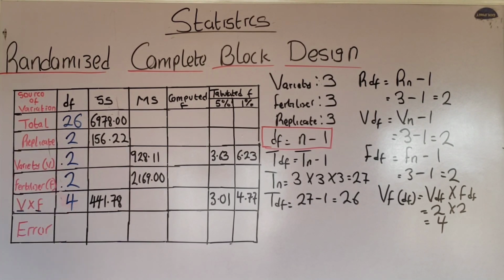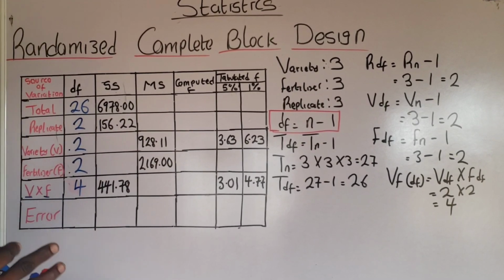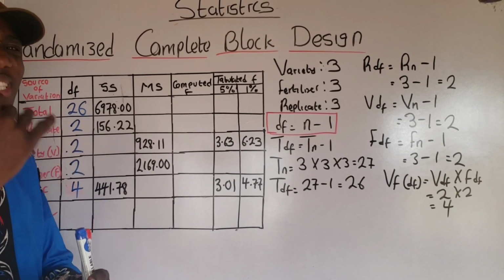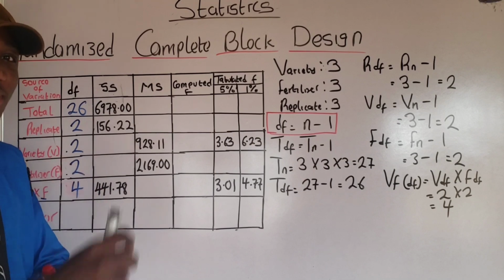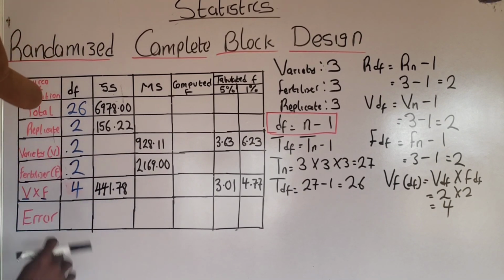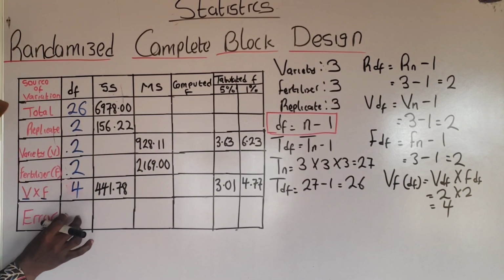Now how do we get the error degree of freedom? To get the error degree of freedom, all you have to do is subtract. Let me just give you the formula. If you want to understand, you just have to pay attention to the explanation. When you understand, then you write. Now, how do we get the degree of freedom for error?